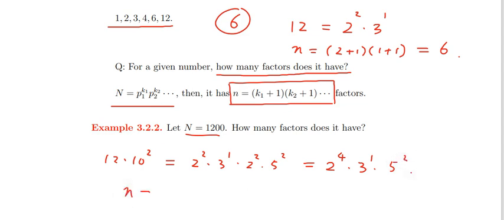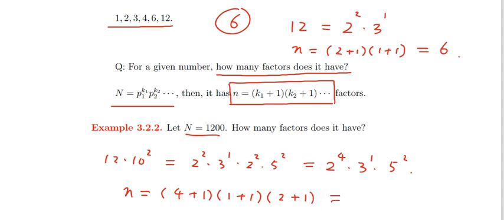So how many factors does this big number have? It equals 4 plus 1, multiplied by 1 plus 1, multiplied by 3 plus 1.